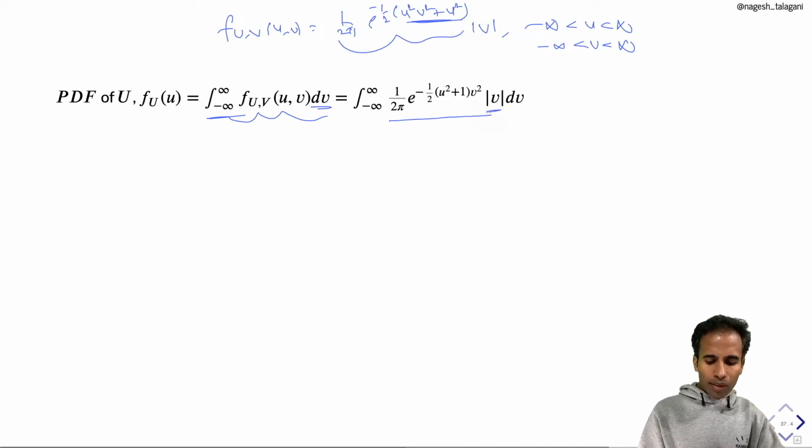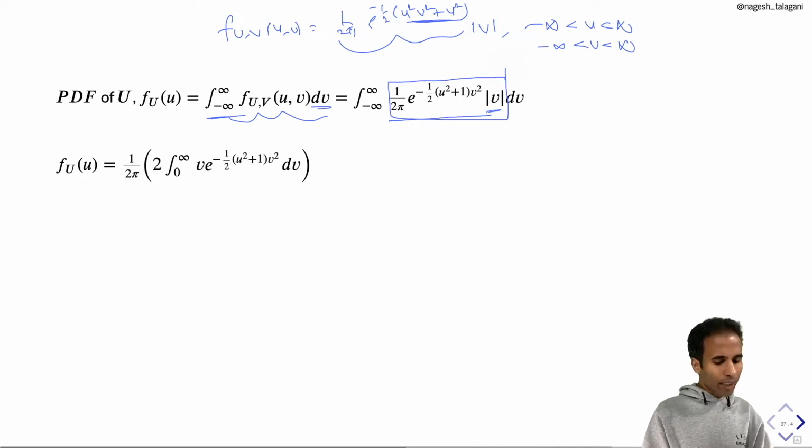Now you can see that here we are integrating with respect to v, and this integrand is an even function of v. So this integral I can write as 2 times the integral from 0 to infinity of v. Here mod v I can write as v, because from 0 to infinity mod v will be v. So the integral from 0 to infinity of v e power minus 1 by 2 of u square plus 1 times v square dv.